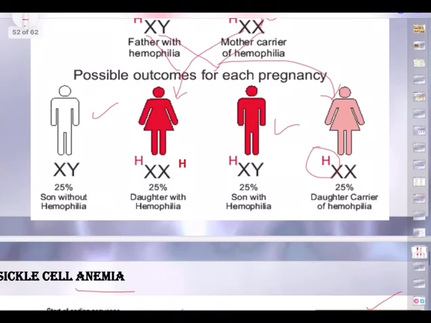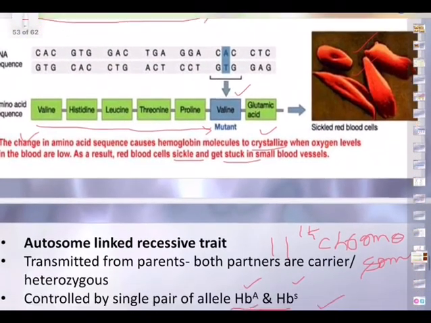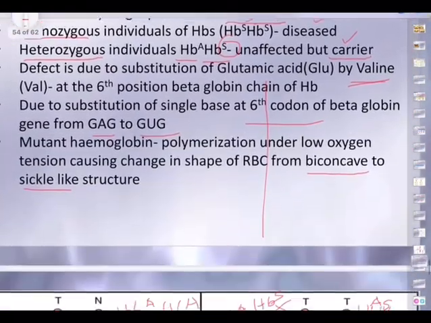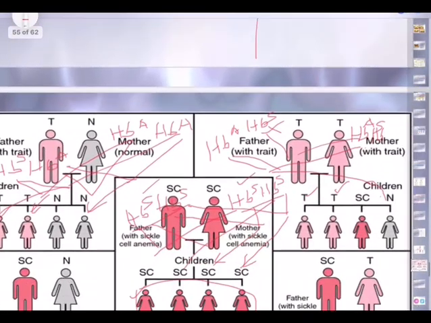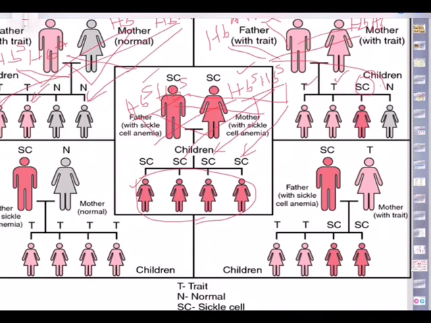And this HbS and HbS, very, very bad luck. Why is this happening? HbS and HbS. Both the chromosomes have the S for sickle cell.